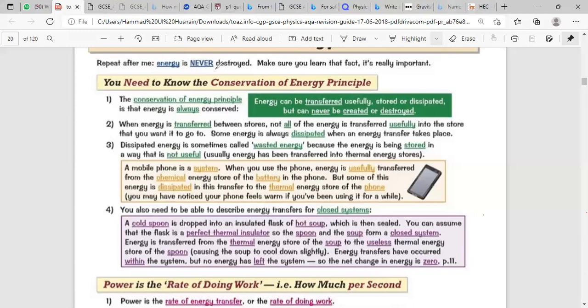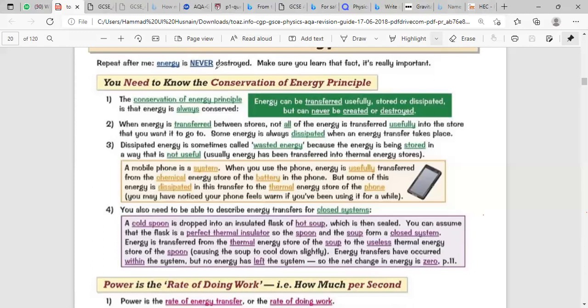Some of the energy is dissipated, or transferred to those stores which are not useful for us, or which we don't want the energy to be transferred to. So you got my point? Yeah. That amount of energy which is transferred to those energy stores which are not useful for us is called dissipated energy.